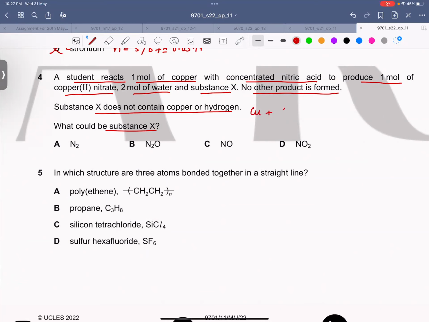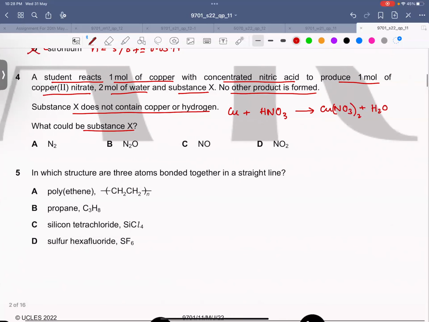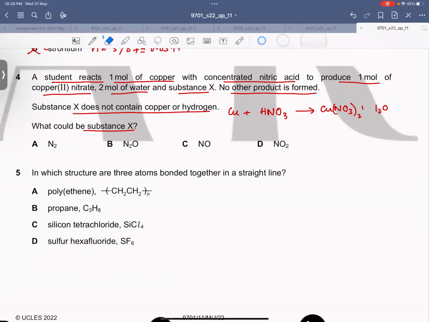Copper with nitric acid forming copper nitrate, Cu(NO3)2, that is copper(II) nitrate, water, and basically we have to find out what X is now.